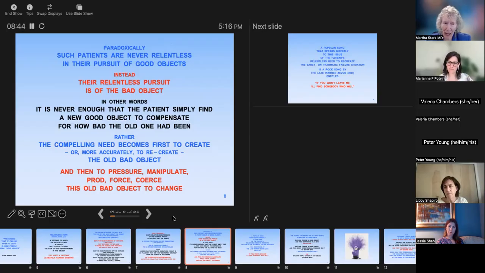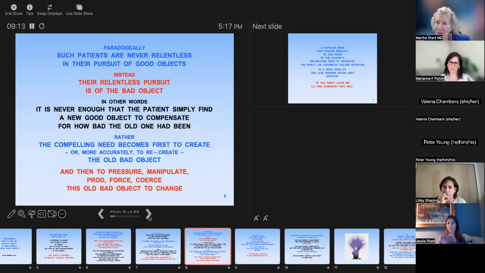But no. Rather, the compelling need becomes first to create, or more accurately, to recreate the old bad object, and then to pressure, manipulate, prod, force, coerce this old bad object to change. So, for example, a patient whose parent, her father, was an alcoholic, you would think she chooses someone who's not an alcoholic, but no.